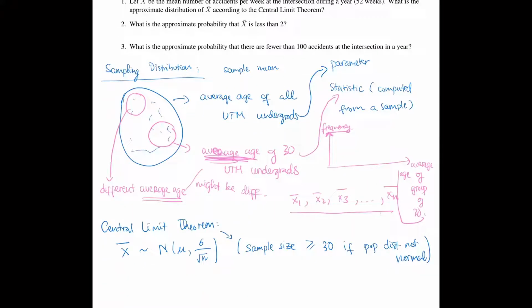Otherwise, if your population is normally distributed, this always applies as well. No matter whether you have a small or large sample size, if your population is already normally distributed, then the sample mean is also normally distributed regardless of your sample size. However, if your population is not normally distributed, then you need a sample size of at least 30 so that the central limit theorem applies.